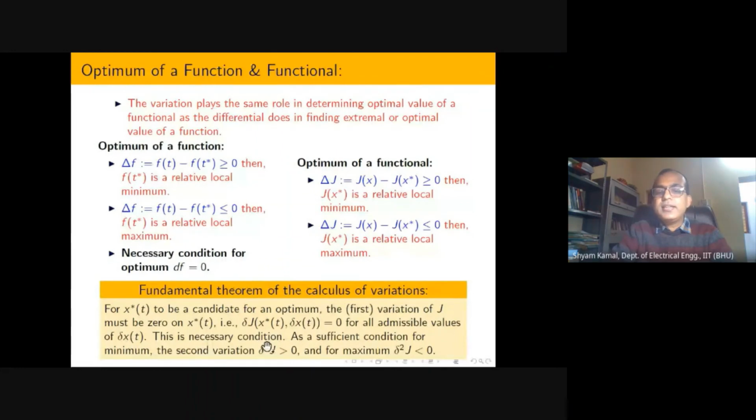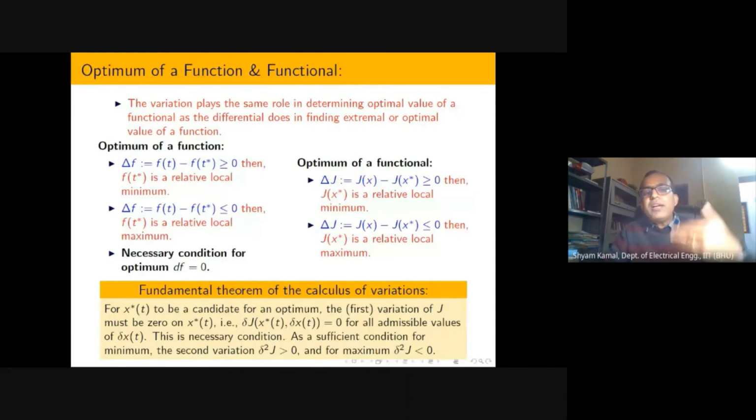This is the necessary condition. As a sufficient condition, the second variation should be greater than 0 for the minimum, or less than 0 for the maximum. That is the statement of the fundamental theorem of calculus of variation.